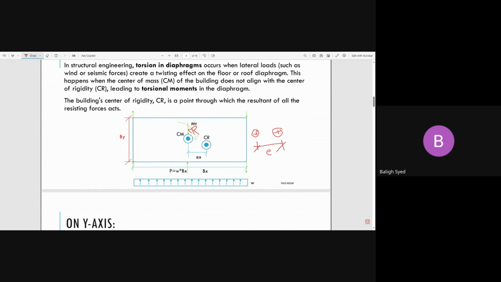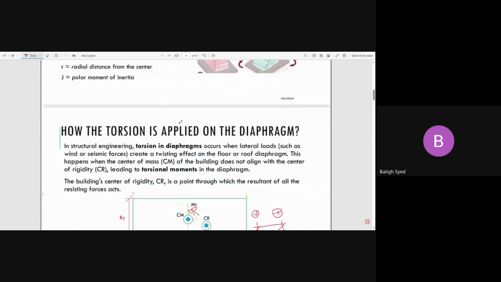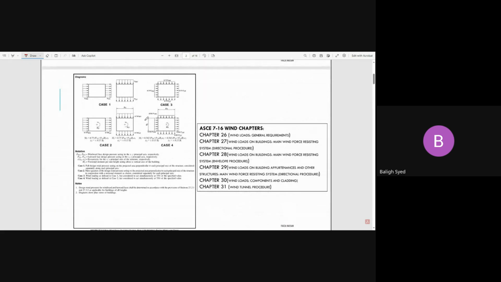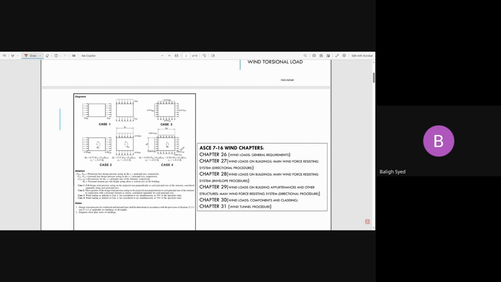So for wind torsion, when we discussed case 1, case 2, case 3, case 4, we discussed 1.5 Bx or 1.5 By. We are saying accidental eccentricity is added to the natural eccentricity which is already there in the system. Makes sense? Conceptually it's so simple. It's not rocket science.